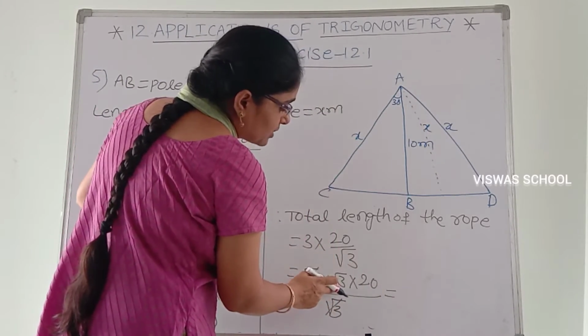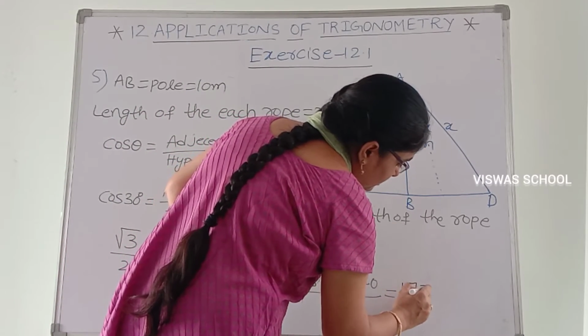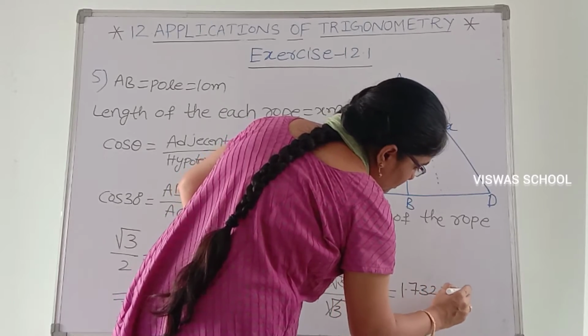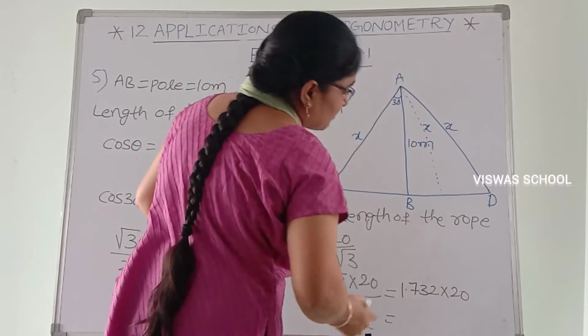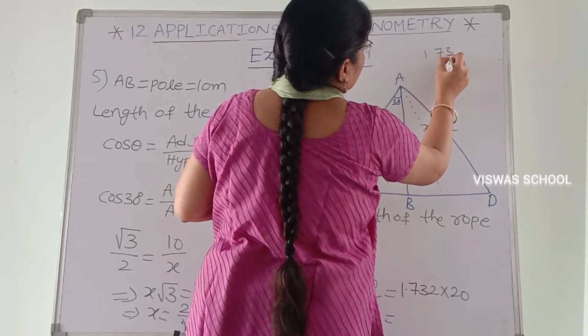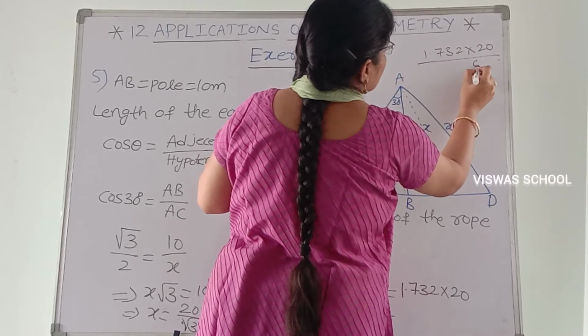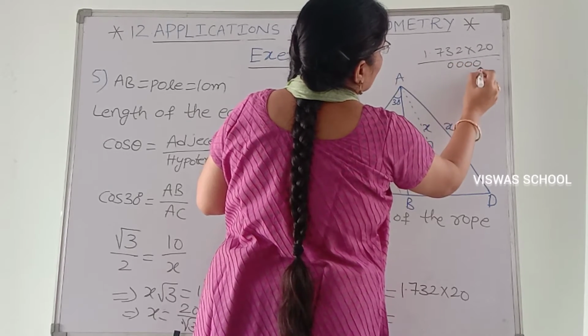Now the value of root 3 is 1.732. 1.732 into 20. Now simplify this. 1.732 into 20: 0, 0, 0, 0.